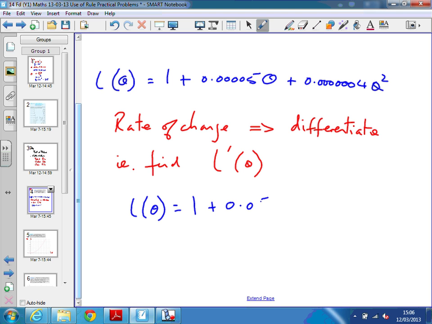So it's 0.05 theta plus, minus 4, I think you mean. Yeah. Theta squared. So, or we can write it like that, and that's better already, isn't it? Now we've got the length in millimetres, because we times by 1,000.